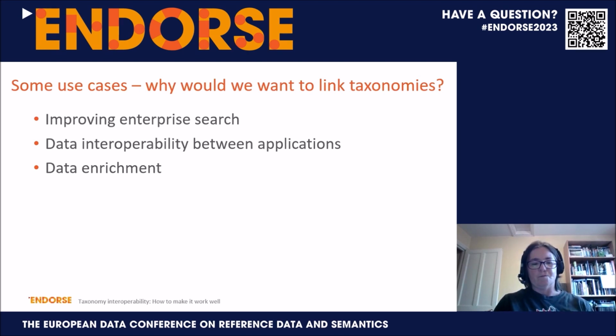So where taxonomies come in helpful, they're very useful to have in search anyway, but if you're searching across those multiple repositories, you can benefit from the ability of a taxonomy to store synonyms, to control filters and facets on the user interface.